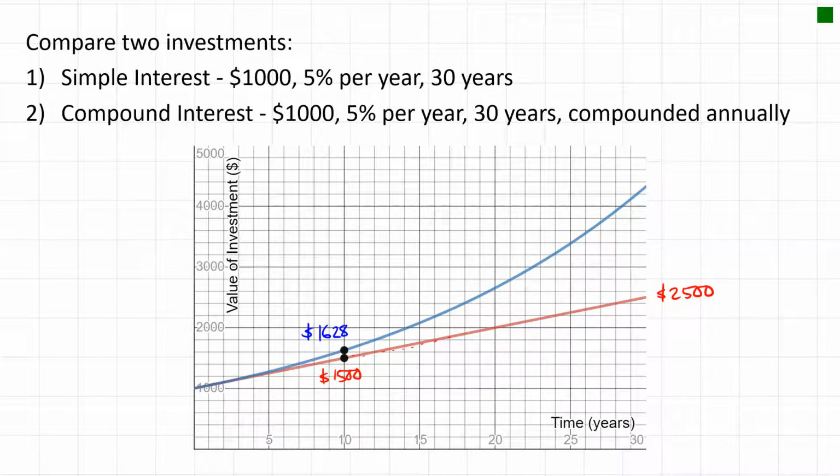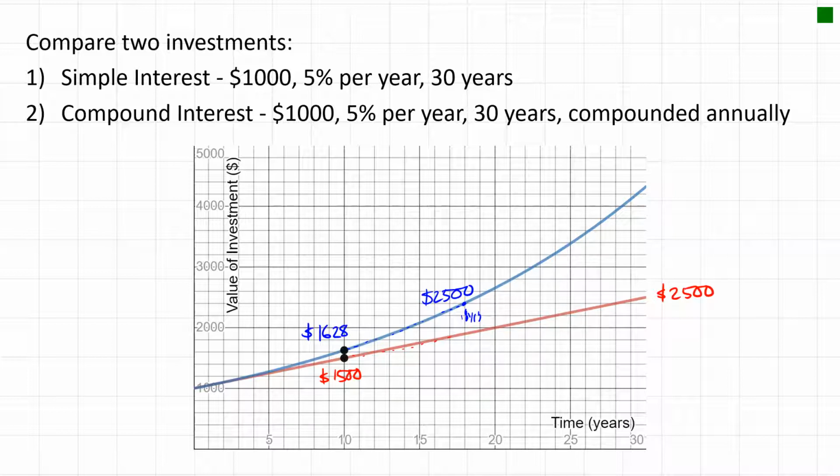But if we look at the compound interest line, as that interest is reinvested into the principal of the investment, at the 18-year mark the compound interest investment is now actually worth $2,500, the amount that the simple interest investment would be worth at the end of 30 years.